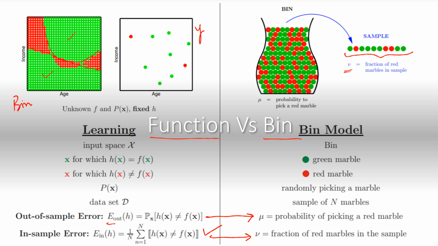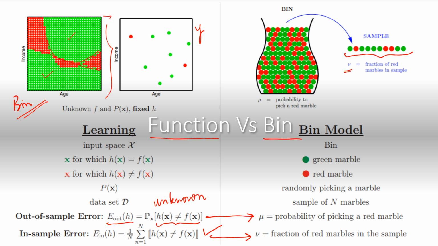Similar to that, this out-of-sample error is something that is determining the probability of getting this disagreement here, right, in my original bin, in my actual thing, right? But the issue here again is that it is fixed, but it is unknown, right? So this is how we can relate the bin model, or rather translate the bin model, to the learning problem.